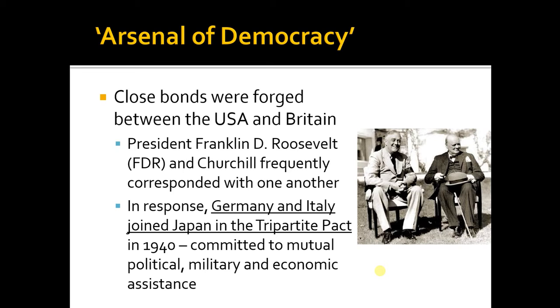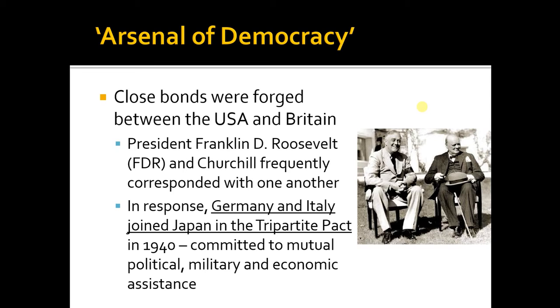And because of this Arsenal of Democracy, closer bonds were forged between the USA and Britain. You look over here, this is President Roosevelt. He frequently corresponded with Prime Minister Winston Churchill of Britain. They had a very, very close relationship, and even today this is known as the special relationship between the USA and Britain.